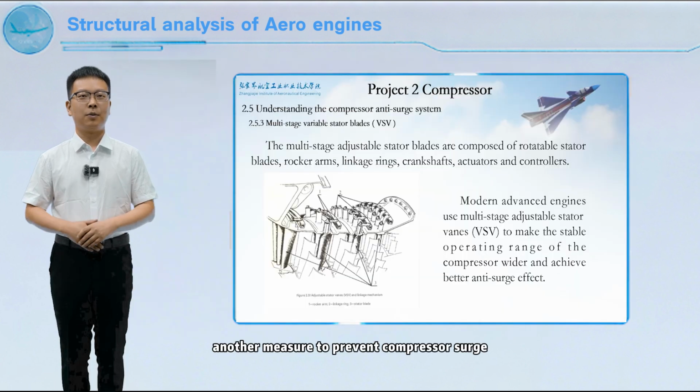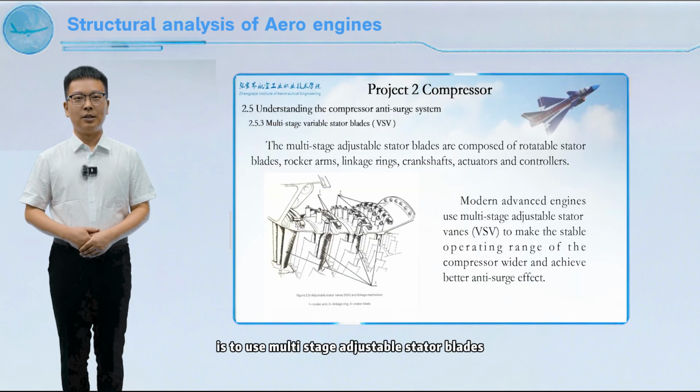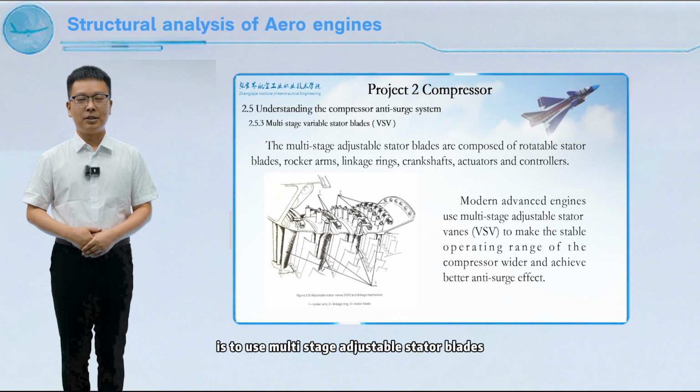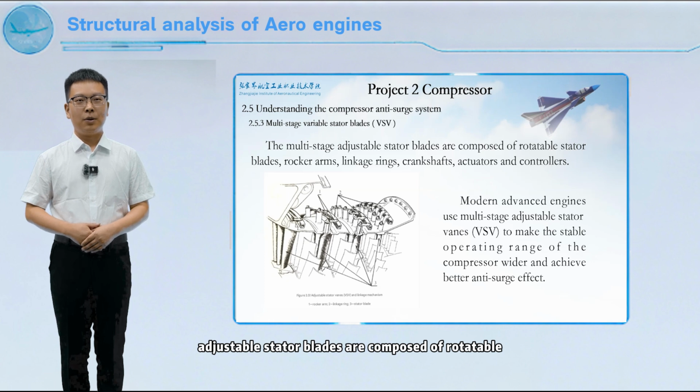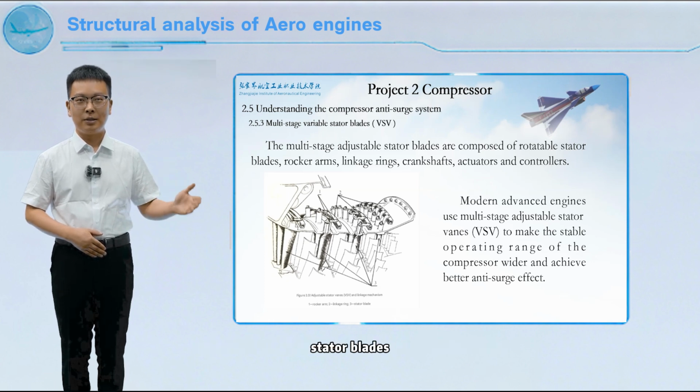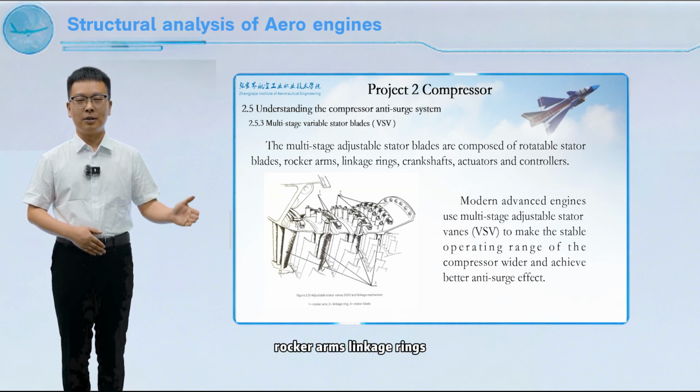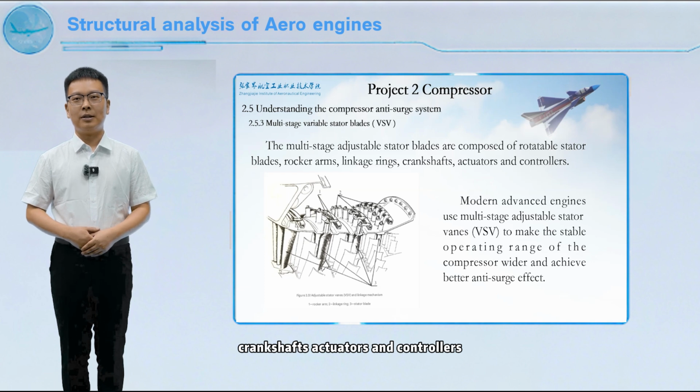Another measure to prevent compressor surge is to use multi-stage adjustable stator blades in the compressor stator. The multi-stage adjustable stator blades are composed of rotatable stator blades, rocker arms, linkage rings, crankshafts, actuators, and controllers.